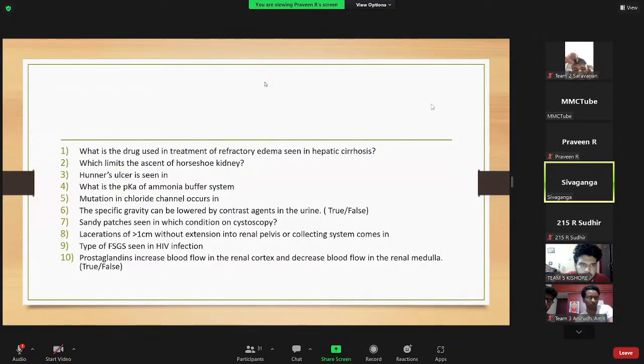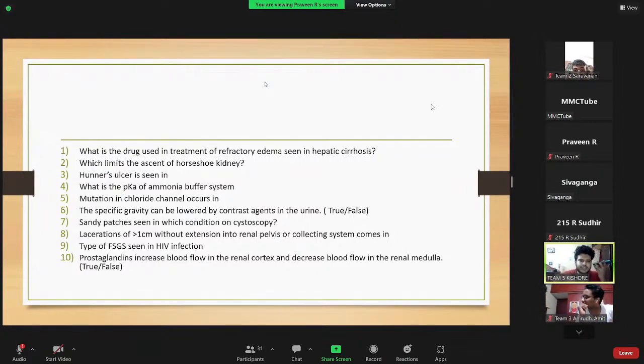What is the drug used in treatment of refractory edema? Second one is the inferior mesenteric artery. Third is interstitial cystitis, bladder syndrome. Chloride channel, Dent disease. Type of FSGS in HIV is collapsing glomerulonephropathy. Sandy patches, Schistosoma haematobium.